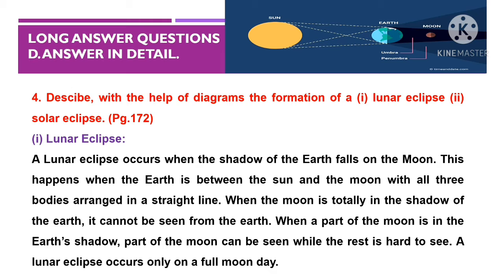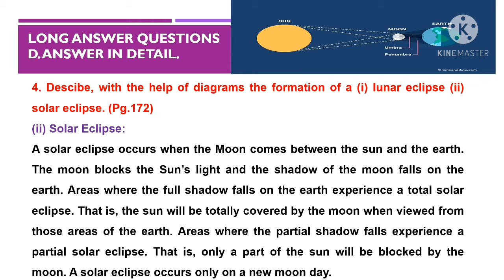This happens when the earth is between the sun and the moon, with all three bodies arranged in a straight line. When the moon is totally in the shadow of the earth, it cannot be seen from the earth. When a part of the moon is in the Earth's shadow, part of the moon can be seen while the rest is hard to see. A lunar eclipse occurs only on a full moon day.